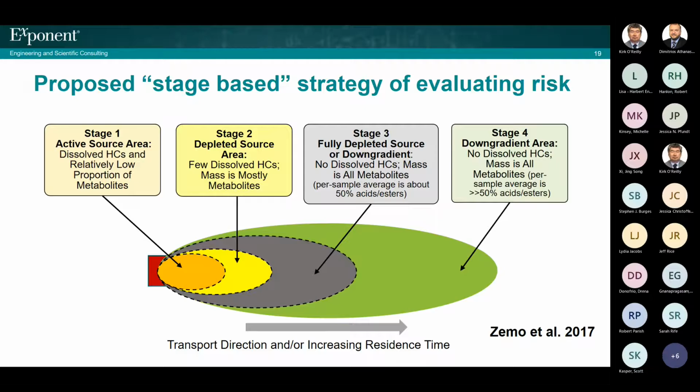And we summarized all this. We had a number of papers before Zemo et al. 2007, but in that paper, we summarized all this GCxGC work and the toxicity screening approach, and came up with various stages that are typical for hydrocarbon plumes, and ways that regulators may want to develop screening levels based on those.